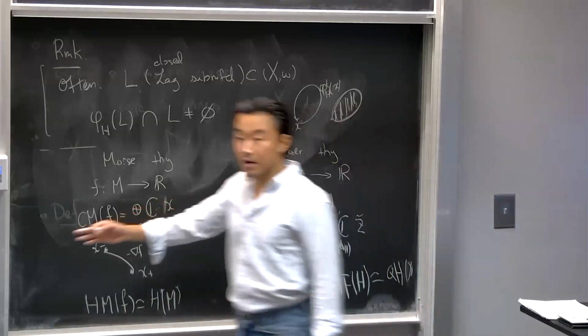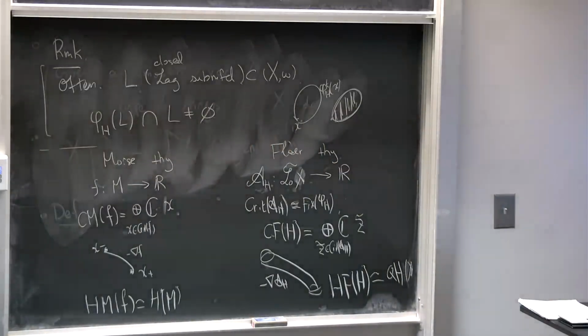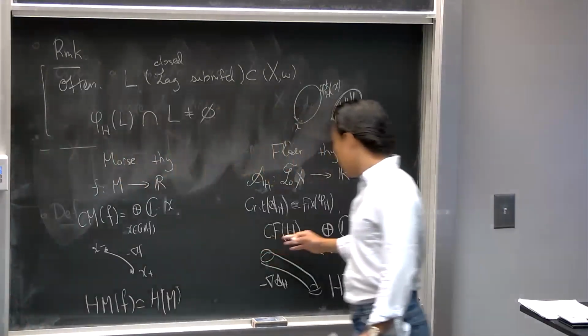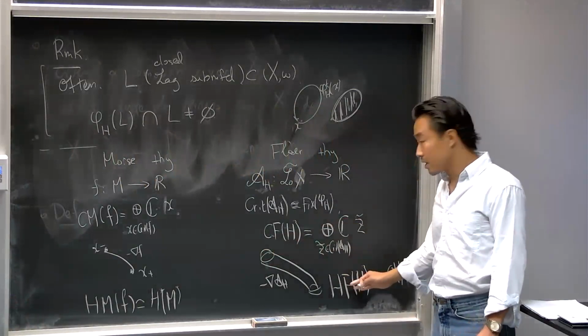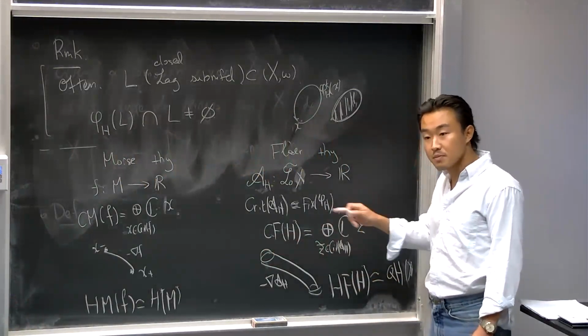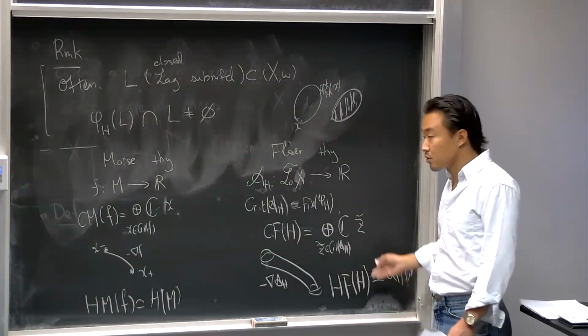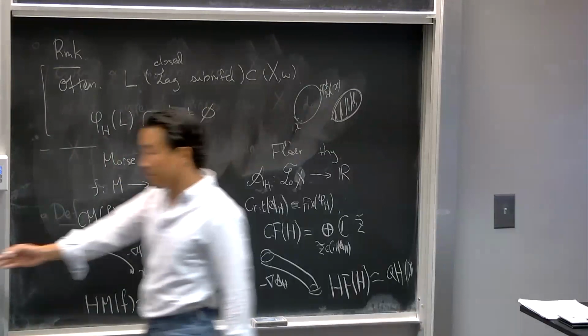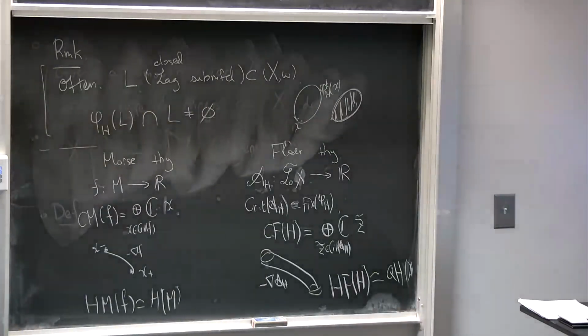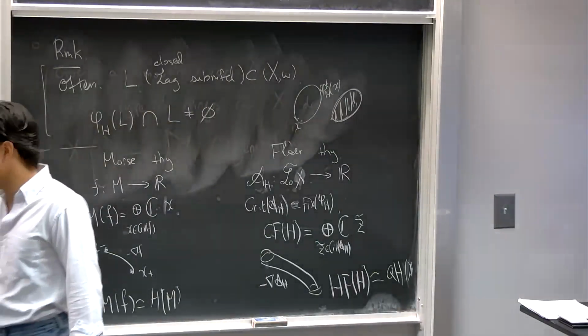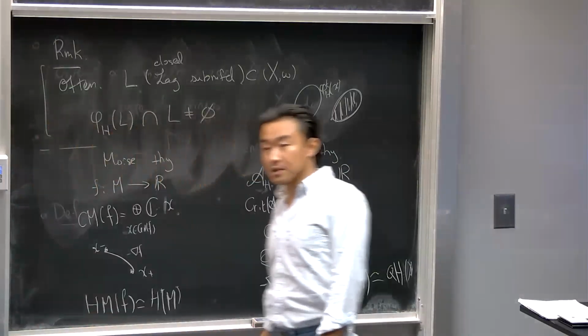So Floer answered this Arnold conjecture by saying that the critical points of the action functional are the fixed points of the Hamiltonian diffeomorphisms, and he had this algebra generated by the fixed points that is isomorphic to the quantum cohomology. So there are at least this many non-trivial fixed points, and then he answered the conjecture.